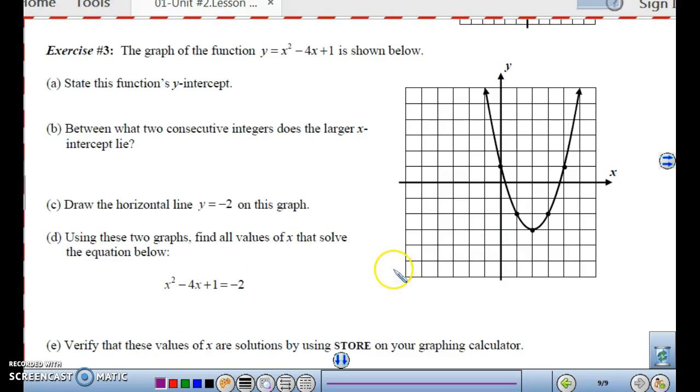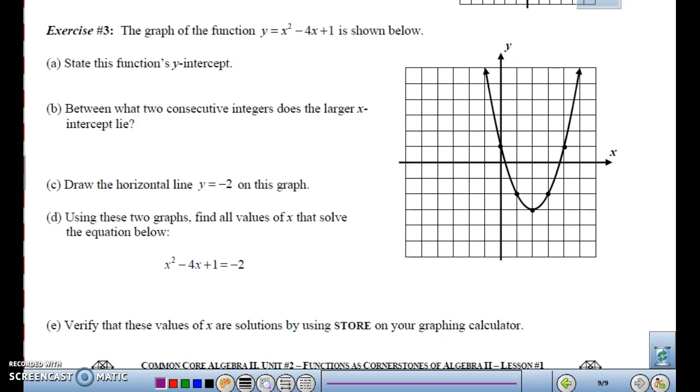All right, the last part of the notes here is the graph of the function is shown below. Now what we want to look at is some parts of a function. The function's y-intercept. That's where the graph crosses the y-axis. So where does the graph cross the y-axis on this graph?